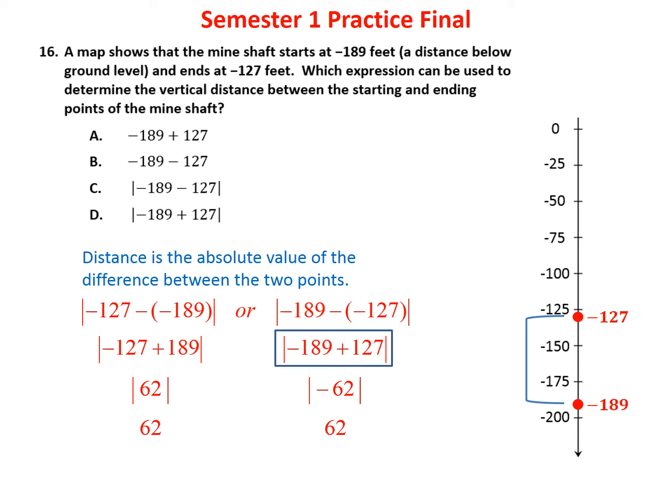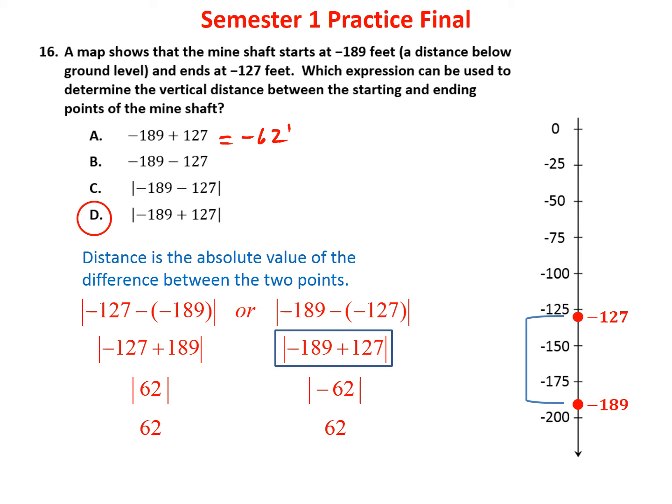Now the question is, which of these expressions works? Well, notice this one is here, and that applies to letter D. If you notice here, these other answers don't work. Negative 187 plus 127 will give you negative 62 feet, and we never express distance as a negative.